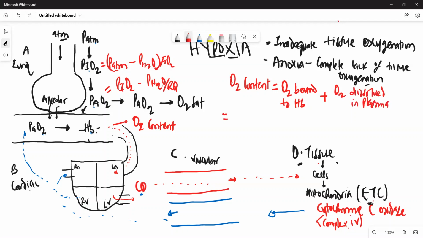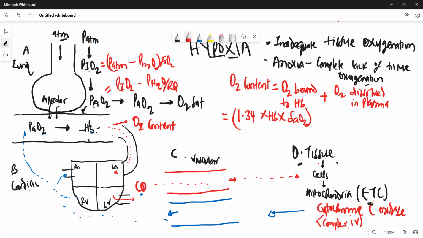And so the oxygen that is bound to hemoglobin is expressed as 1.34 multiplied by our hemoglobin multiplied by the oxygen saturation. Right? So this is going to be our oxygen bound to hemoglobin, because every one gram of hemoglobin is going to bind 1.34 milliliter of oxygen.